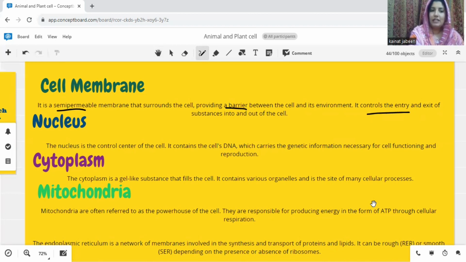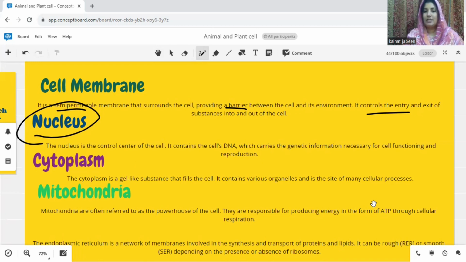The second thing is the nucleus. The nucleus is present in the center. As our brain controls the different functions of the body, in the same way the nucleus controls all the functions that happen in the cell. You can say the nucleus is the brain of the cell. The nucleus is the control center of the cell.